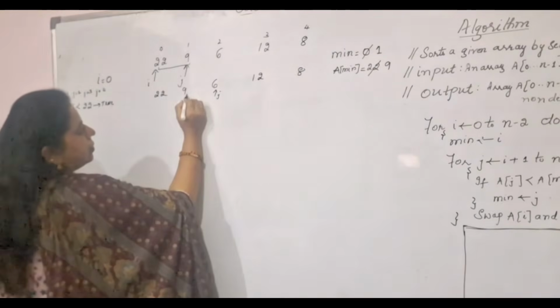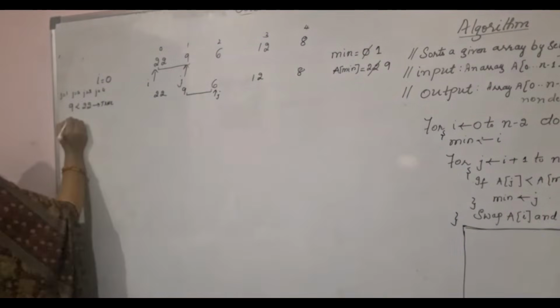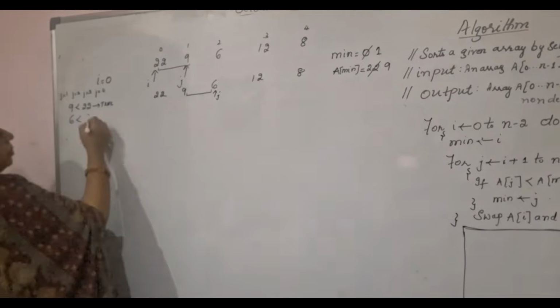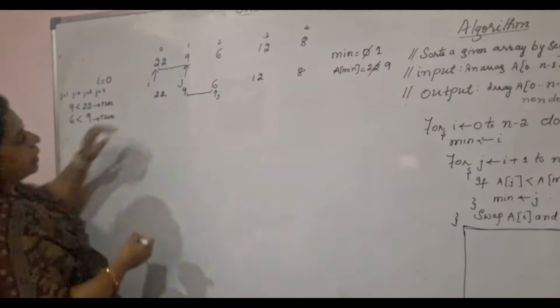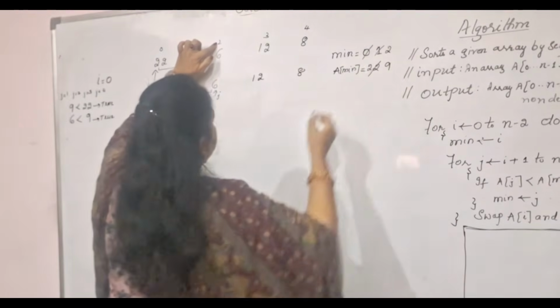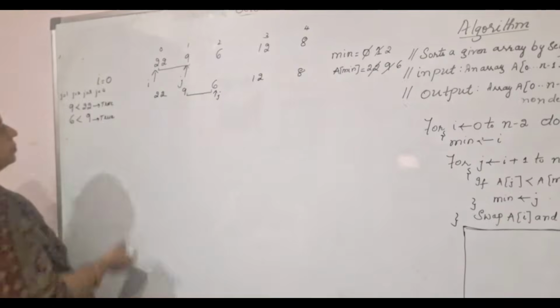A of j is 6. Is 6 less than A of minimum, which is 9? Yes, it is true. If it is true, then update the corresponding location number. Now your current minimum location number is 2 and the element is 6. A of minimum is 6.